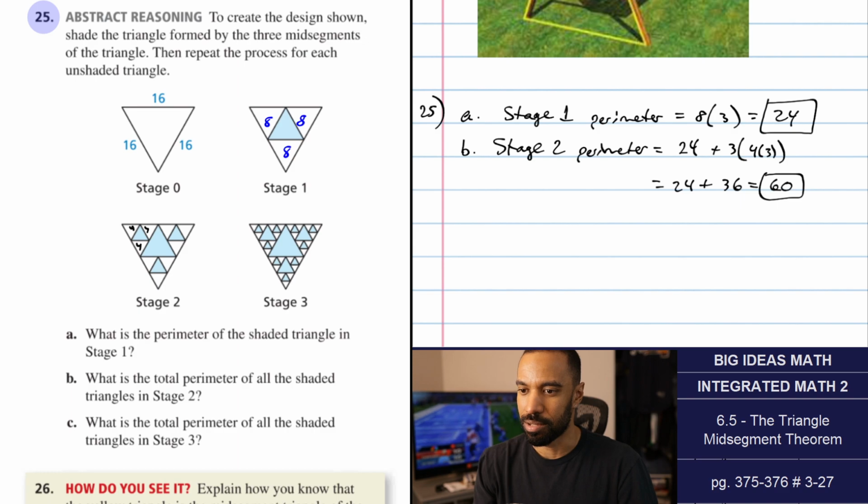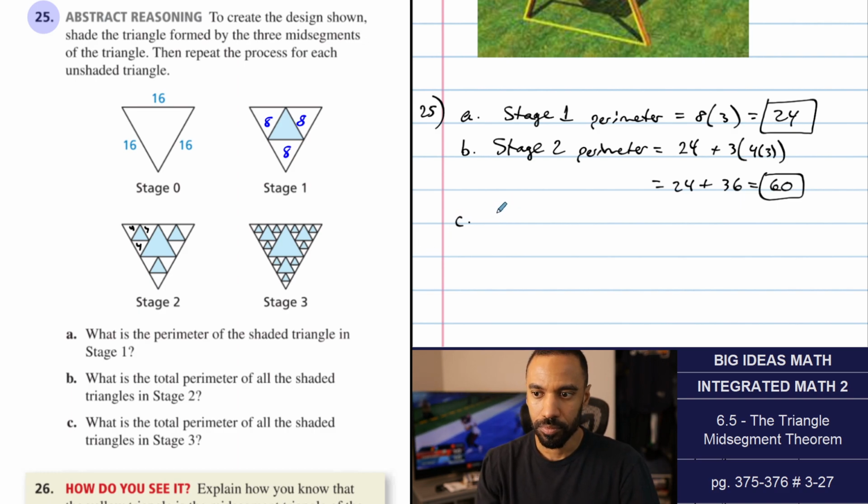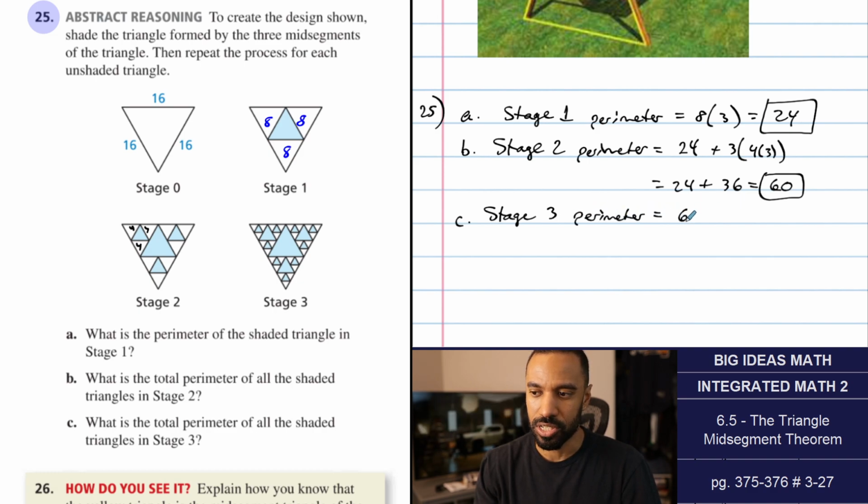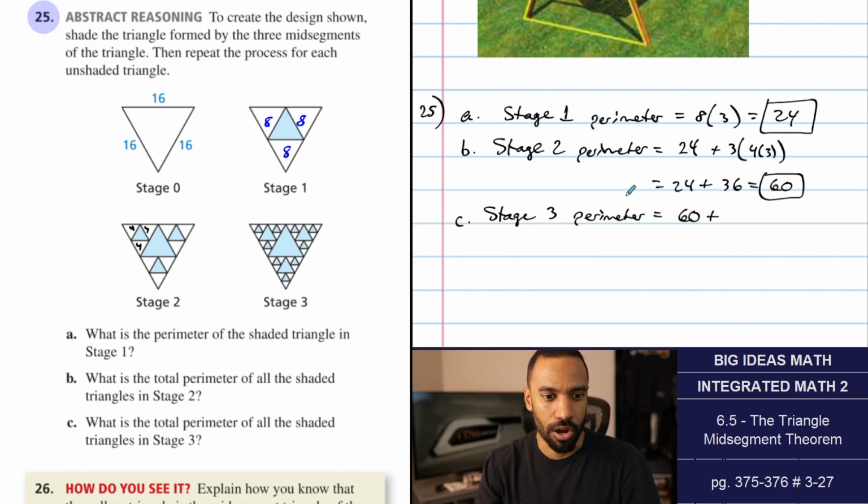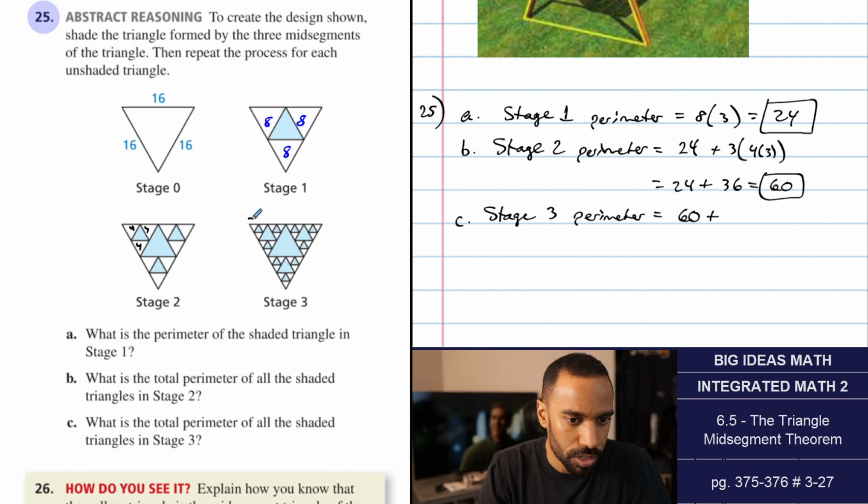So part C, what's this total? Stage 3 perimeter. It's more of the same. We get our 60 plus all these little guys here. So these are 2s. 2, 2, 2.